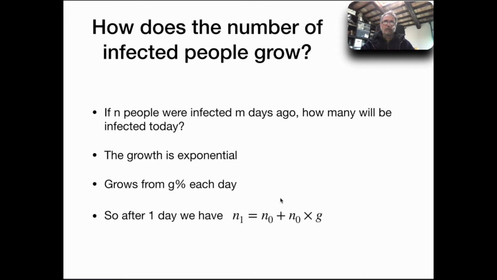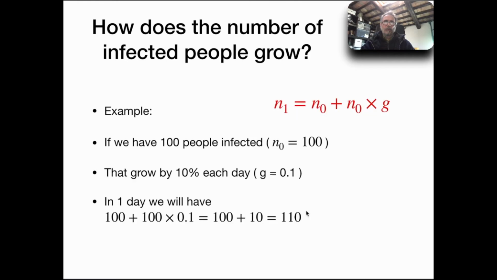So after one day, we have n0, the number of infected people on day 0, plus the same number multiplied by the growth. If you have 100 people infected and the growth is 10%, after one day you will have 100 plus 100 multiplied by 0.1, because 10% you can write as 0.1, and that's equal to 110.